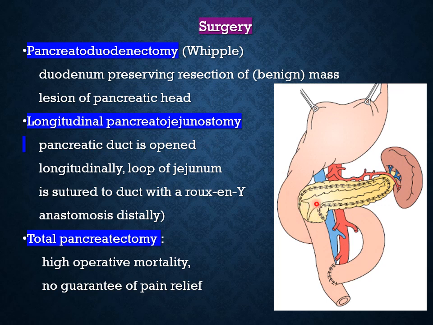Okay, the duct is opened up and you bring a loop of jejunum and anastomose to it. Or you can do a total pancreatectomy, and that's a very major operation. So this is only reserved for patients who are in severe pain, as a last resort.